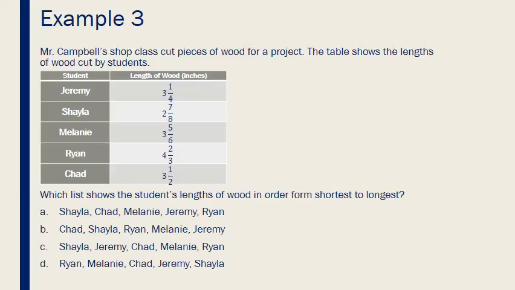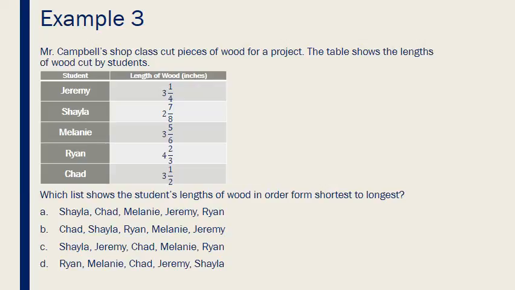We know that. So just by looking, I want you to think, then I want you to pair, and then we're going to share. I'm going to give you about a minute just to think about who has the shortest length. All right, just answering that one question.